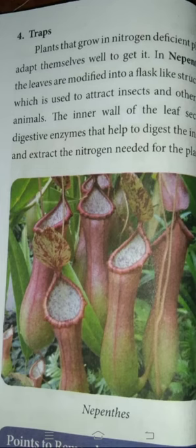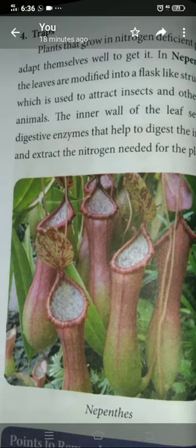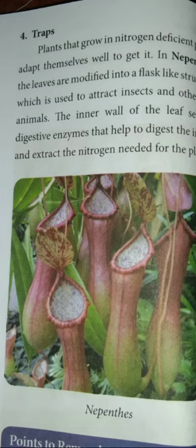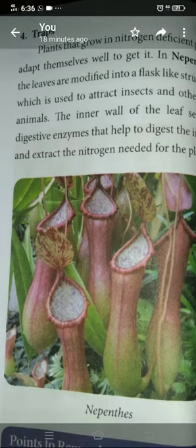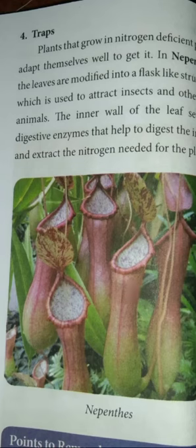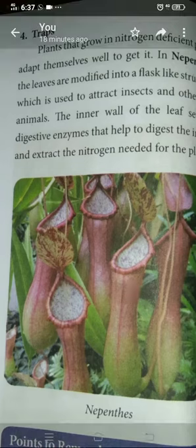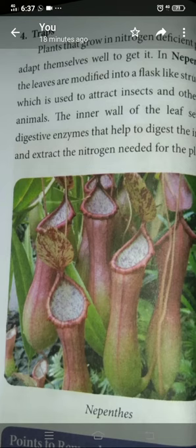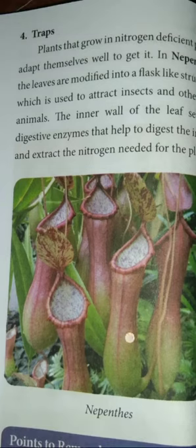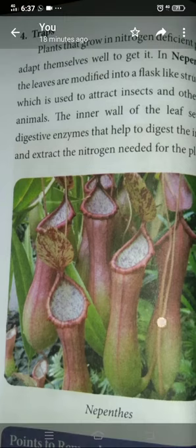The last one is the pitcher. You see this flask-shaped structure, it looks like a flask, this flask-shaped structure present in the Nepenthes leaf. What function does it do? It eats insects. Why does it eat insects? These plants grow in nitrogen-poor areas.